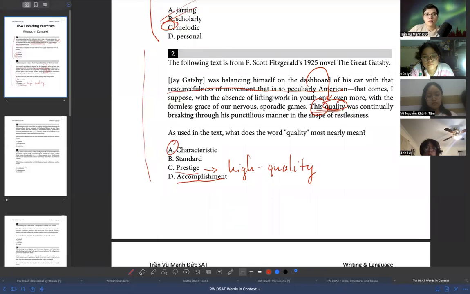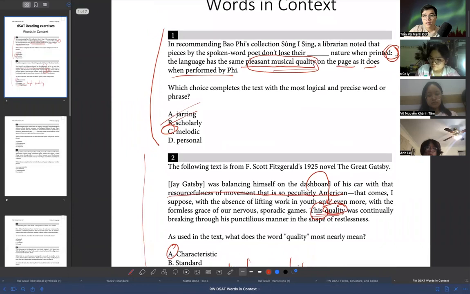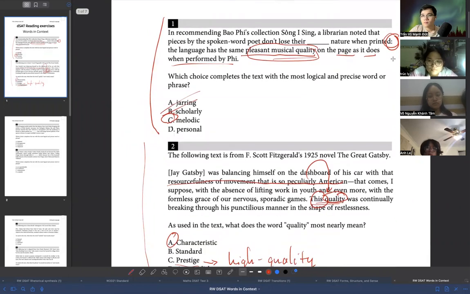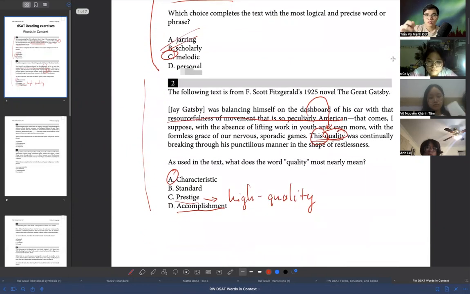So look, when they use the word "this," essentially they're giving us a clue, just like Collins. They're guiding us towards somewhere we should be looking for the clue. And this quality, they're talking about resourcefulness of movement that's so peculiarly American.